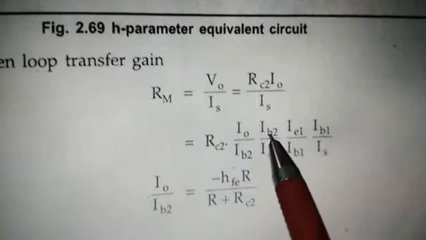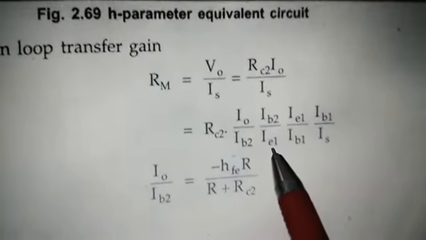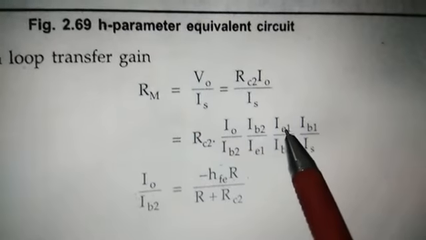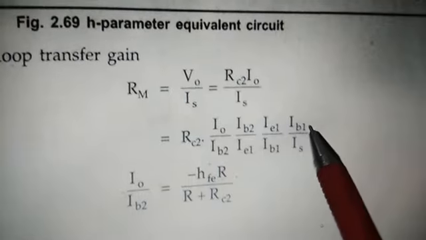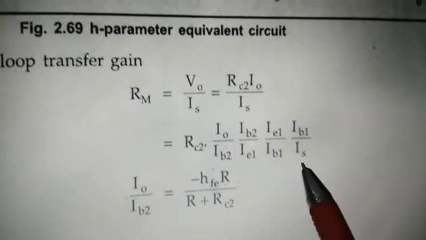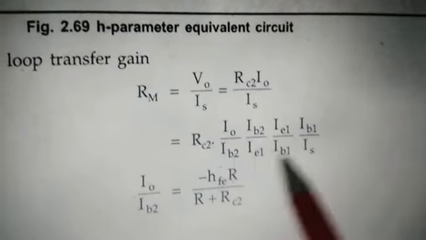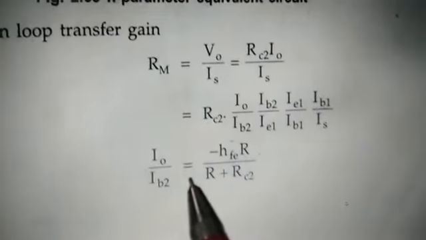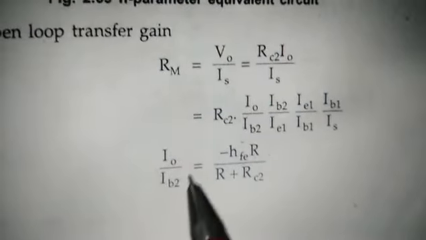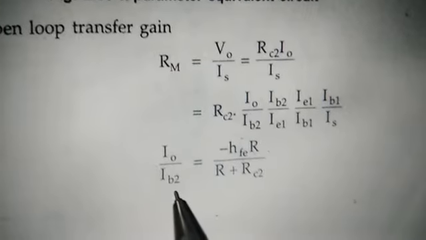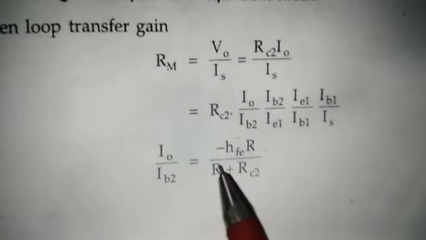This is input of the second transistor and output of the first transistor. This is output of the first transistor and input of the first transistor. And this is input of the first transistor and source current. So these four factors are there, out of which you calculate first I naught upon IB2, output of the second transistor to the input of the second transistor.